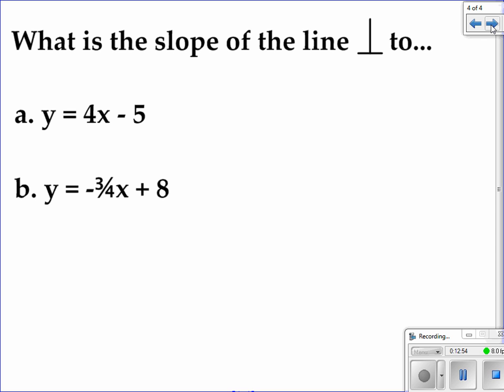We want to know what is the slope of the perpendicular line. Well, the slope of this line is 4. So we need the opposite reciprocal. Opposite means we have to change the sign. So it's now negative. And 4 is the same thing as 4/1. So the reciprocal to that would be 1/4.